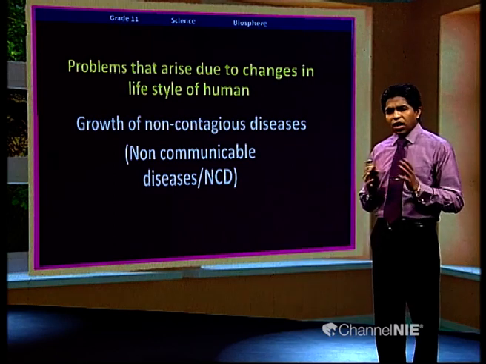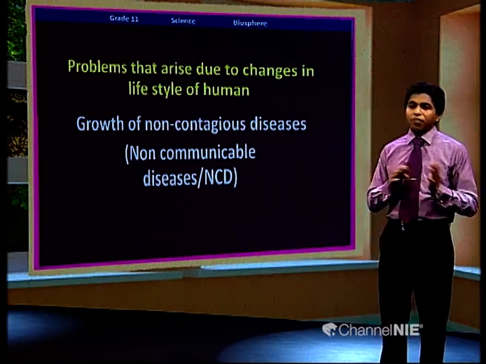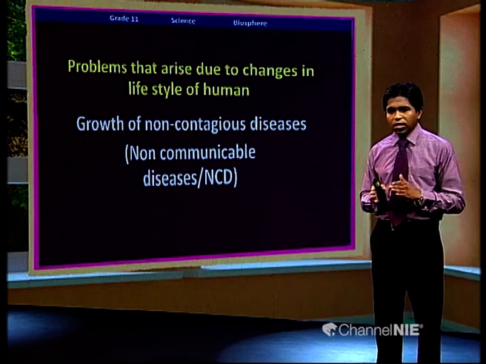So what is the opposite of non-infectious? Infectious. Opposite of non-contagious? Contagious. Example, COVID-19, dengue, malaria are infectious diseases. That means diseases that are contracted from person to person are called infectious diseases.